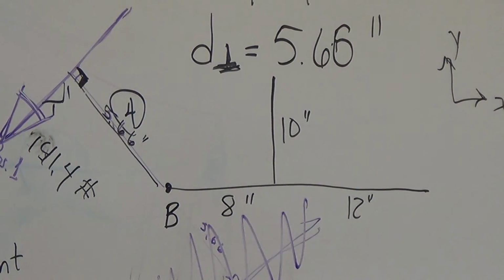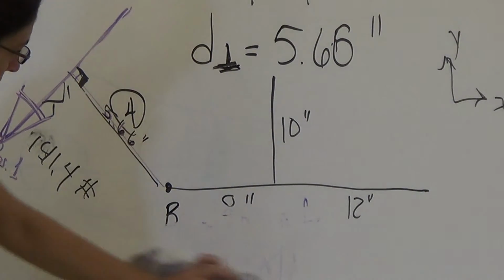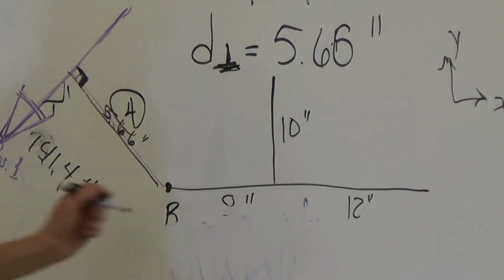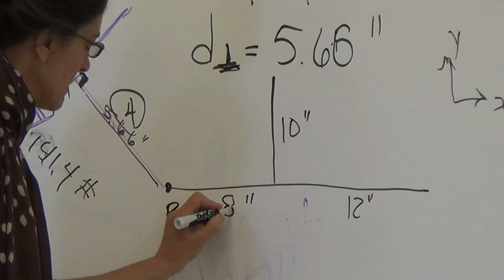Let's, can I erase all this? It complicates things, but it may be more comfortable for some of you. But you'd be finding a different distance then. Right, so let's erase this. This is 8.